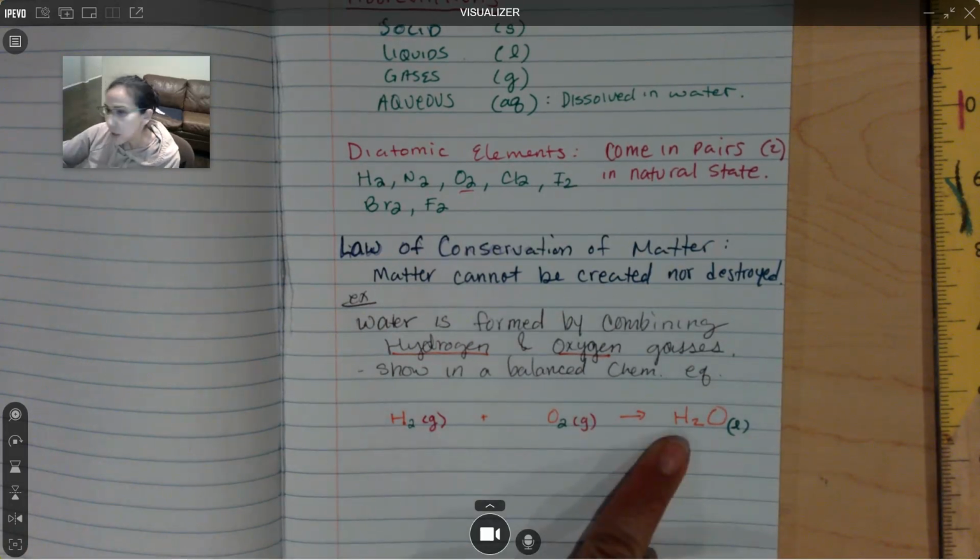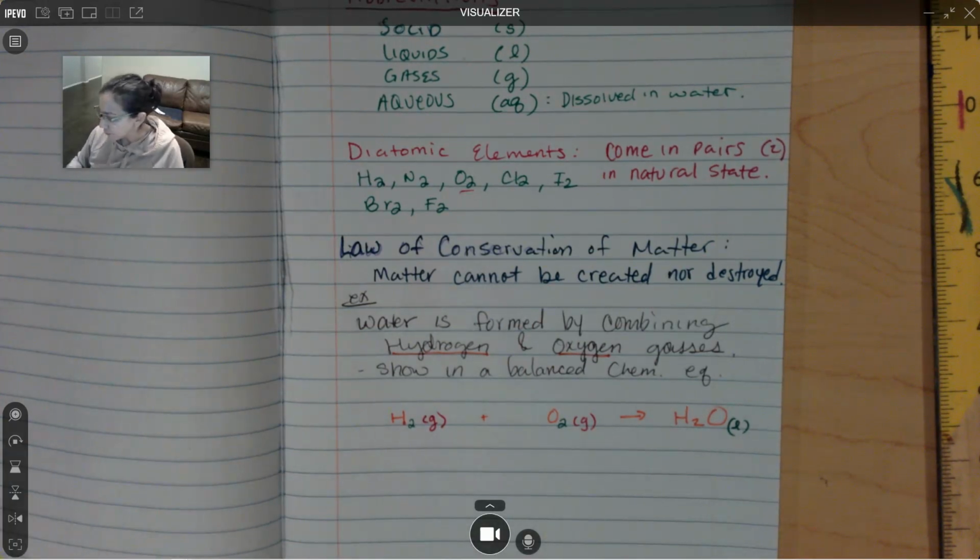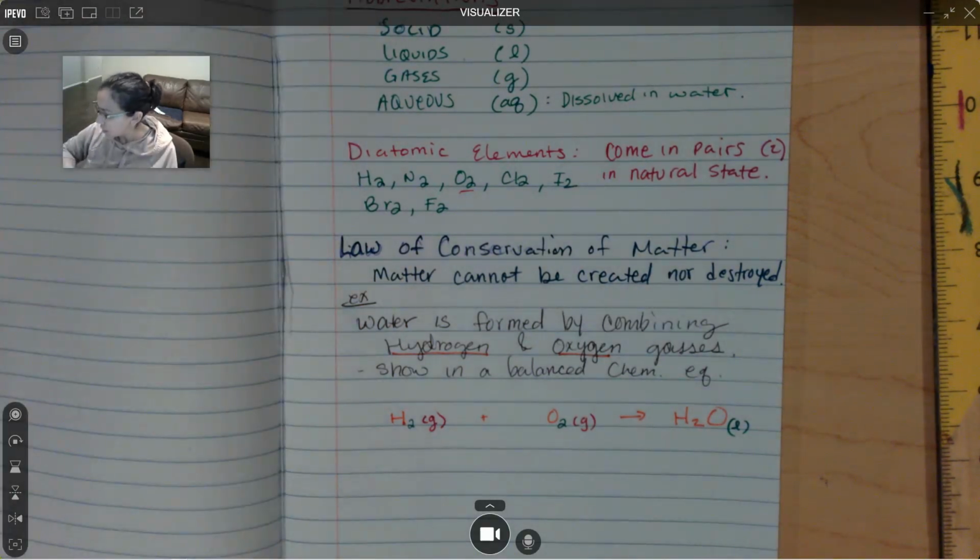And this molecule right here is a fixed quantity. We're not going to change that. All right, so now we've written our abbreviations down for water, and we've taken care of our diatomic elements. There are a couple other things we need to do.